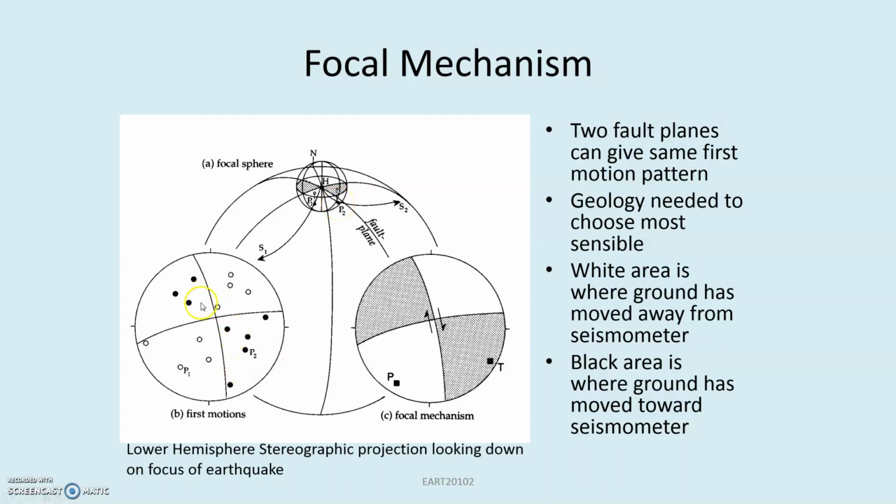So for every seismometer we have a ray path on here, and then we also have the first motion, whether it's a compressive first motion, which we mark in black, or a dilatational first motion, which we mark in white. And so we end up defining 2 orthogonal planes that fit that data, that separate the compressional and the dilatational first motions.